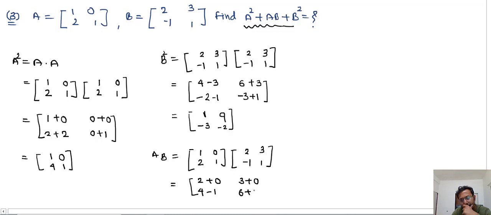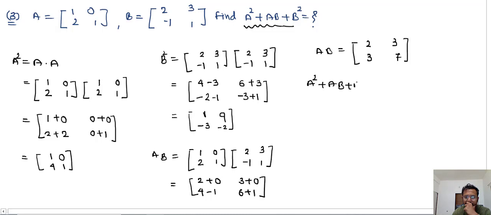Put all the values. A square is [1, 4; 0, 1]. AB is [2, 3; 3, 7]. And your B square is [1, minus 3; 9, minus 2].